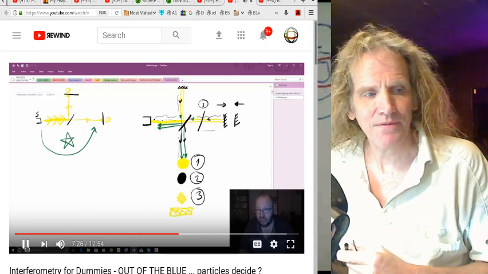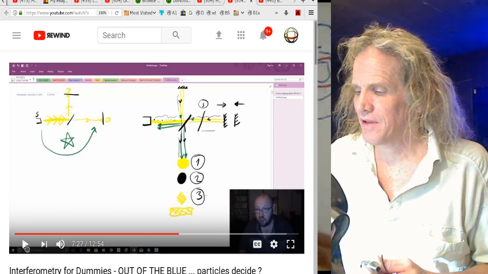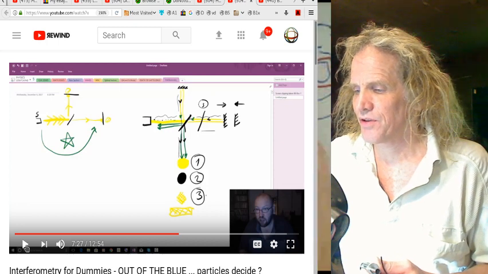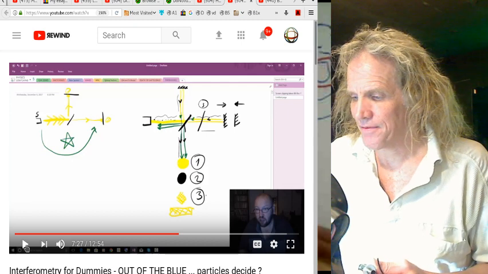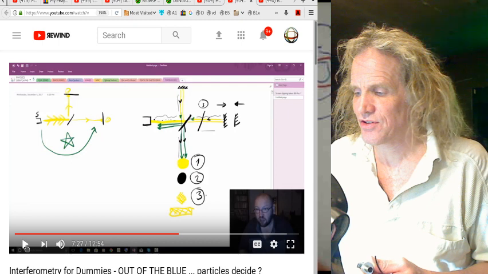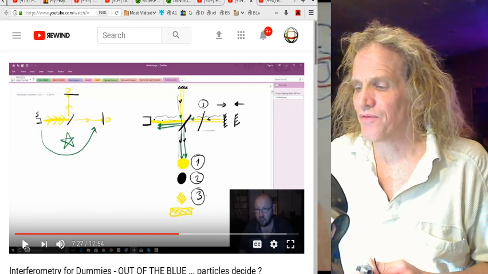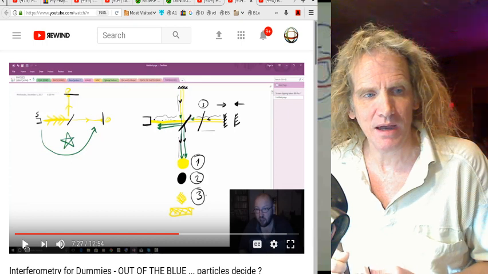Right, so half the light goes to one location, half the light goes to the other location with just one arm open. Yes, so you get half a brightness, but it does have pattern in it. It's just the pattern isn't as revealed as it is when you have both of them combined.